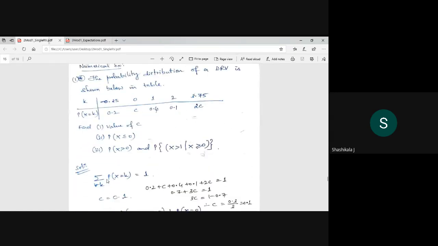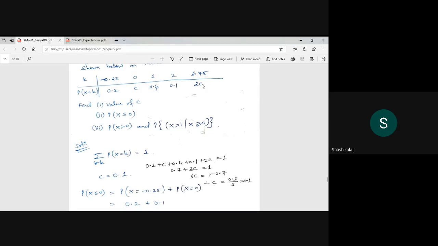Mathematically, while writing the exam, please write all of the things. Before writing this, we expect you to write this: the sum of all the probabilities, P of X equal to k, is equal to 1. Then you add all the probabilities and you will get c equal to 0.1.